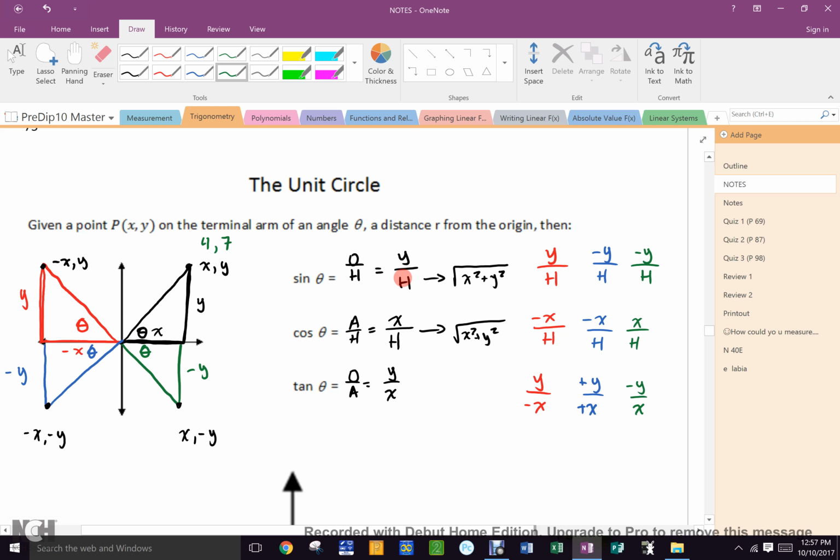Y over h. H is x squared plus y squared square rooted. So once I have the point, do I automatically know sine, cos, and tan for everything? Yes. Does everybody see why? Does everybody understand?